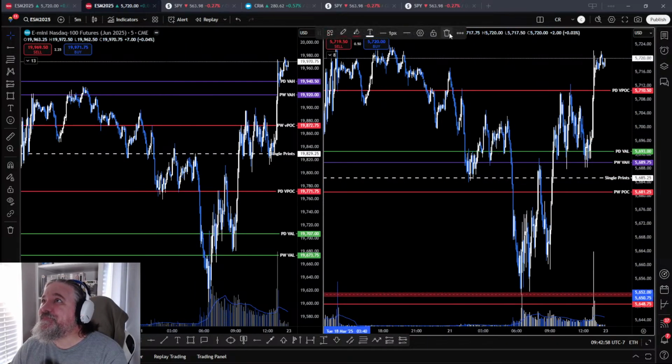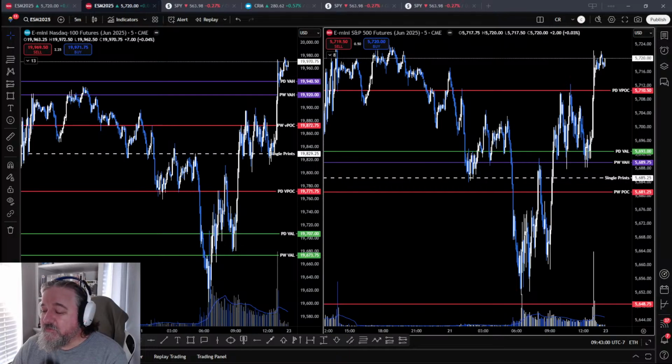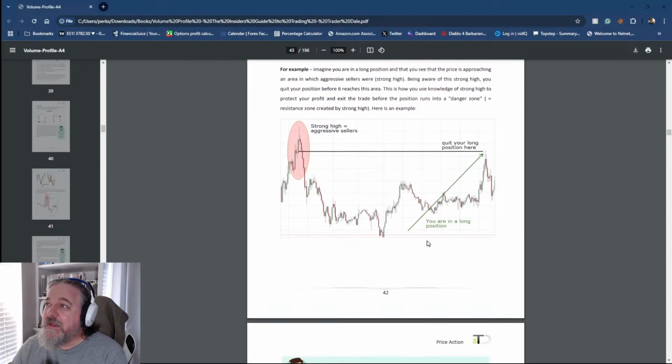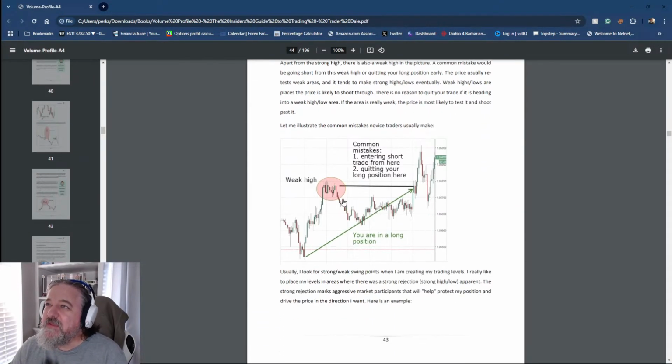Again, read Trader Dale's book, memorize this stuff. And I want to say basically you want to memorize through page 45. Where we have a weak high or a weak low, you actually expect price to break through it.